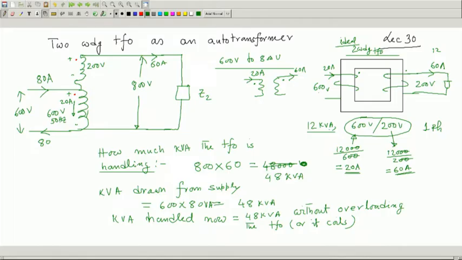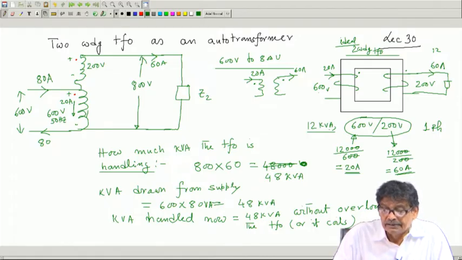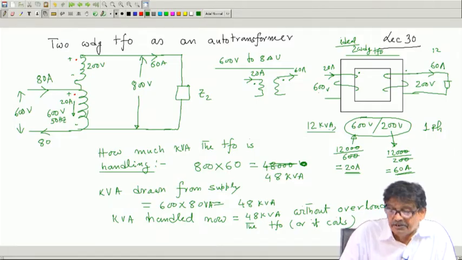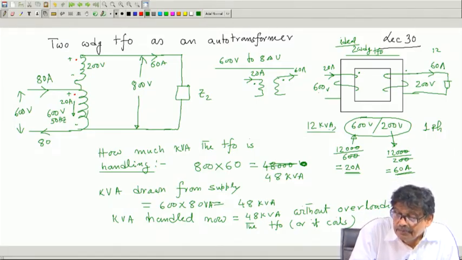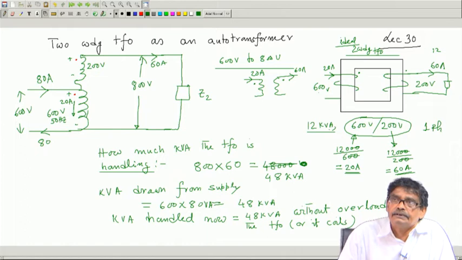What is the thing which makes it deliver 48 kVA? The answer to this is that in an auto transformer, power is delivered from the primary to the secondary side by 2 means.